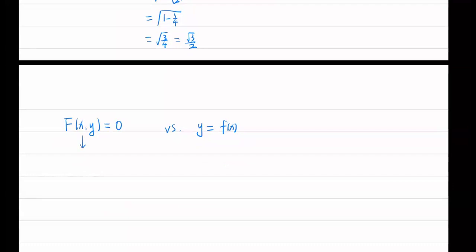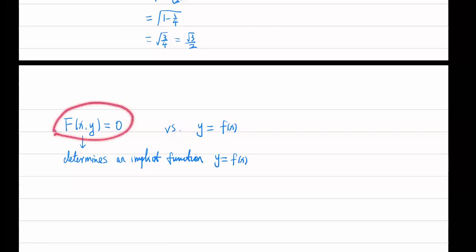So this determines y implicitly. Even though this is an equation, when x changes, y also changes. The dependence is implicit in this formula. So we can take a derivative of this equation.